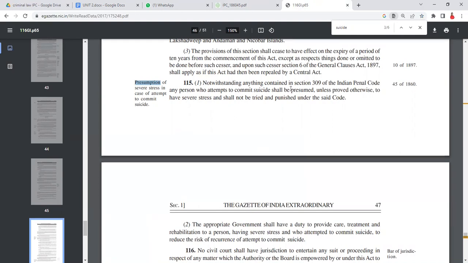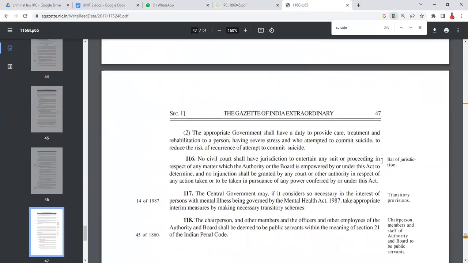So rather than punishing the person, we will try to provide him treatment, care, rehabilitation, so that he can go back to his life, rather than punishing the person and just increasing the problem for him.